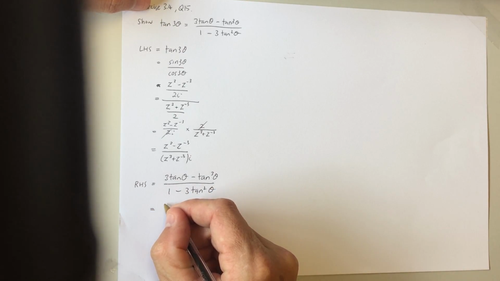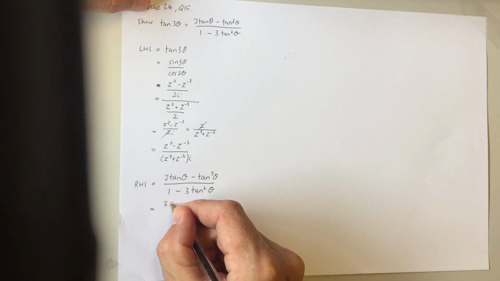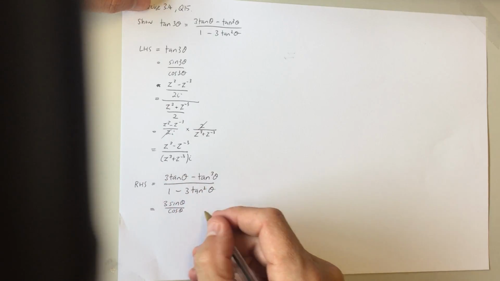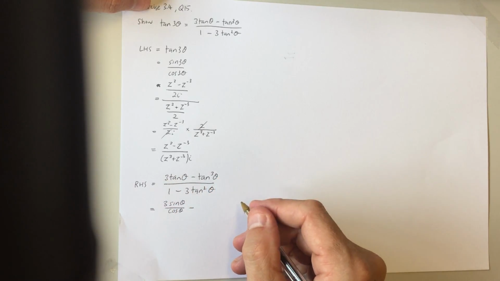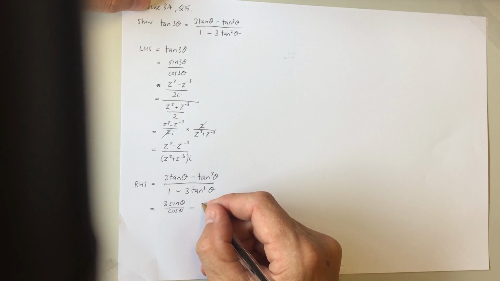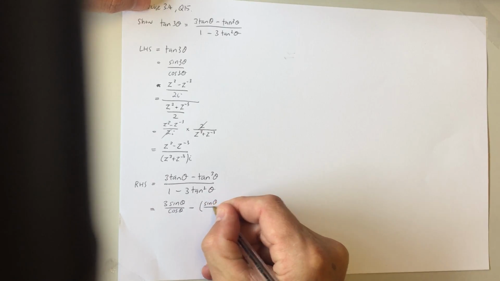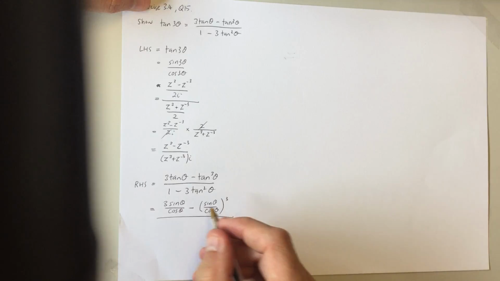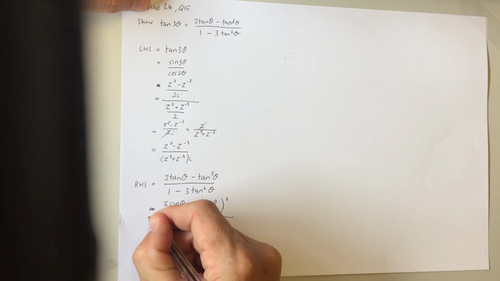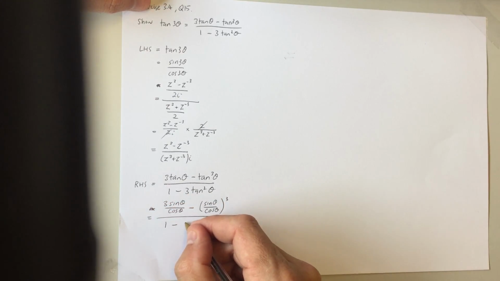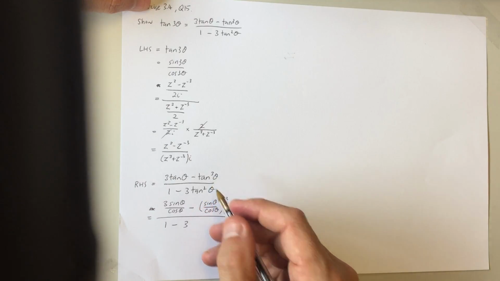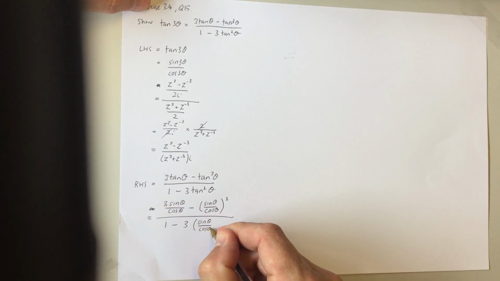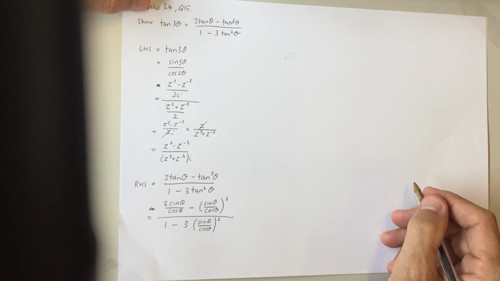So it's equal to 3 sine theta over cos theta, that's this one here. Now tan cubed theta, I'll do it the long way, that's going to be sine theta over cos theta all cubed. And it's going to be 1 subtract 3, similar to the numerator, this is going to be sine theta over cos theta squared.